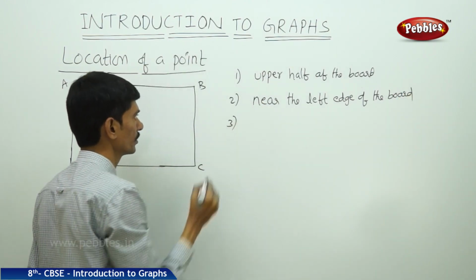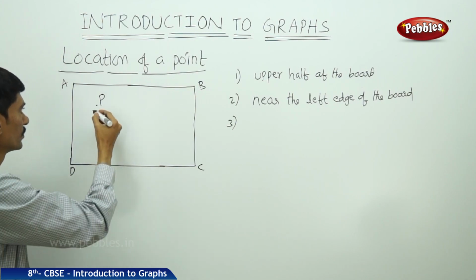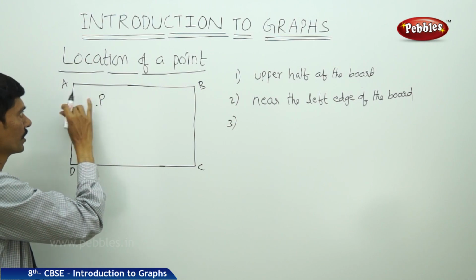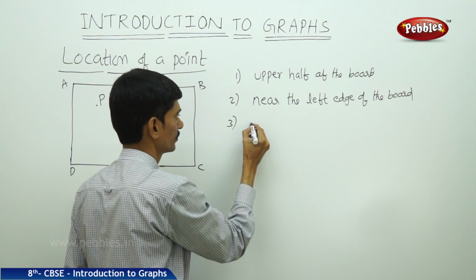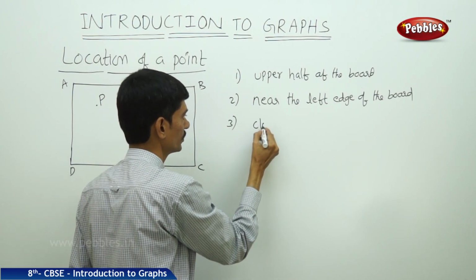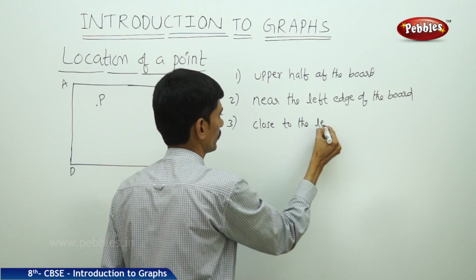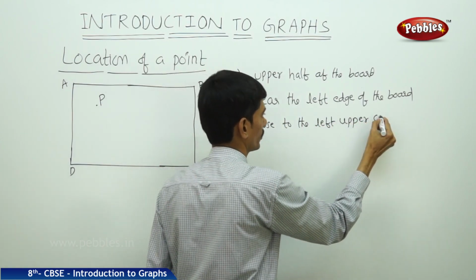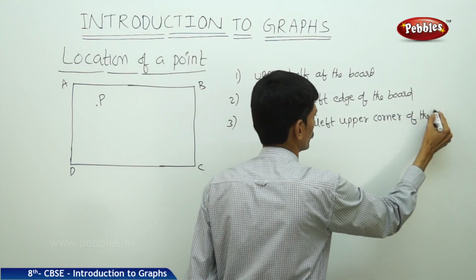Then the third student said that the point is in the left upper corner of the board, meaning the point is close to the left upper corner of the board.